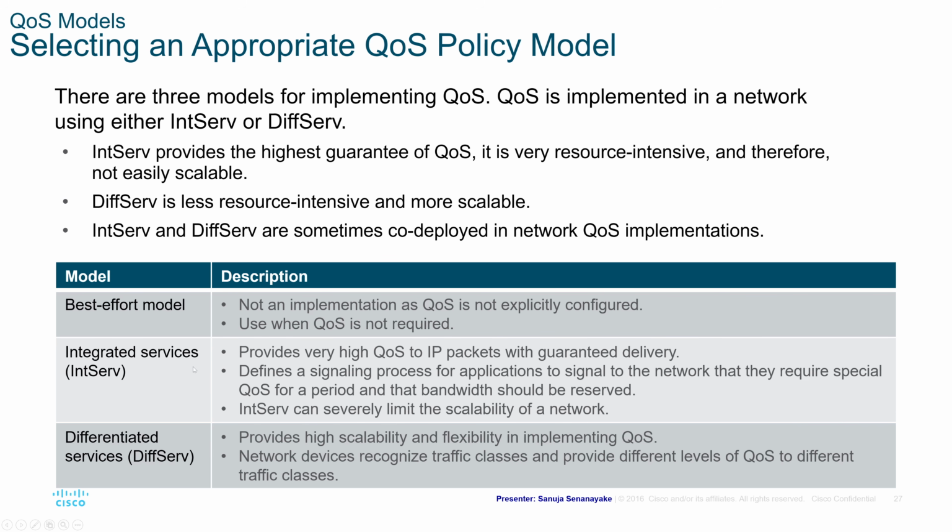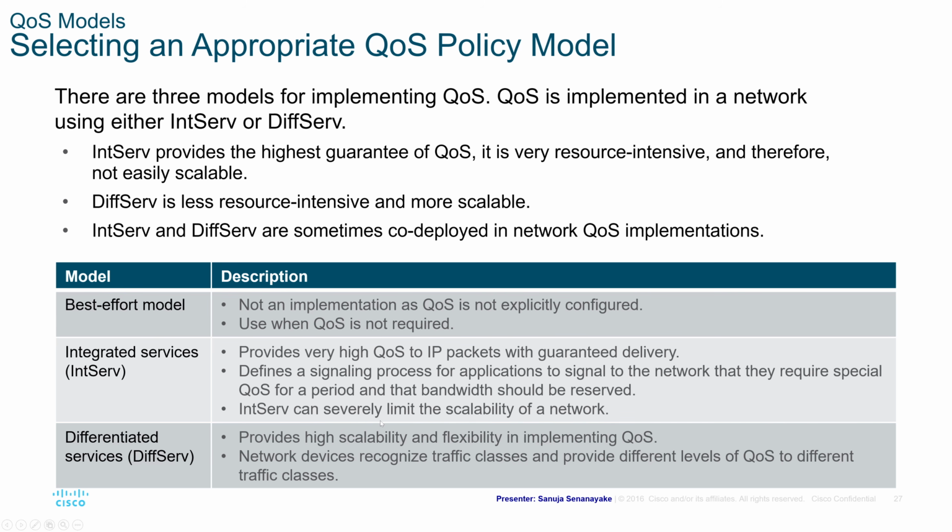The integrated services, also known as IntServ, is the next model that provides very high QoS to IP packets with guaranteed delivery. It defines a signaling process for applications to signal to the network that they require special QoS for a period, and that bandwidth should be reserved as a result of it.